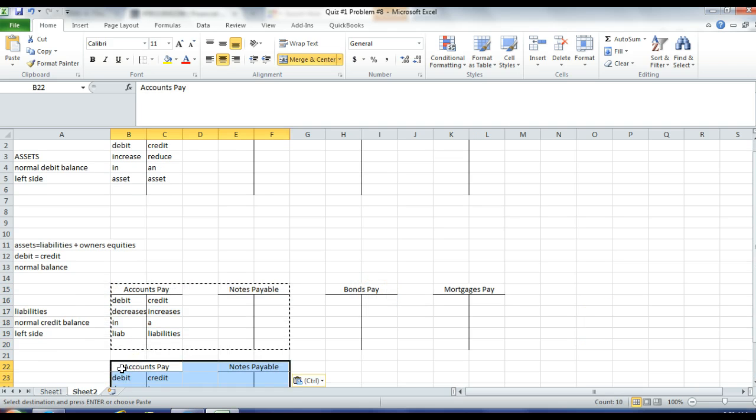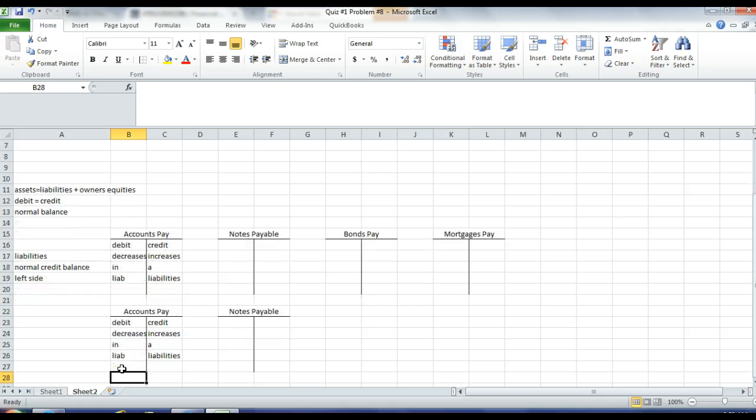If we go down and we show with stockholders' equity, let's show this as common stock, and let's show this as retained earnings. In the stockholders' equity section, to increase stockholders' equity, we'll credit this. And to decrease stockholders' equity, we will debit it.